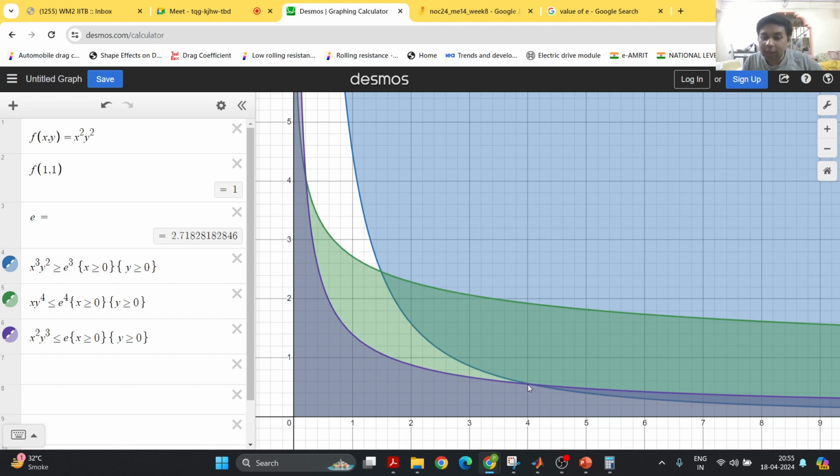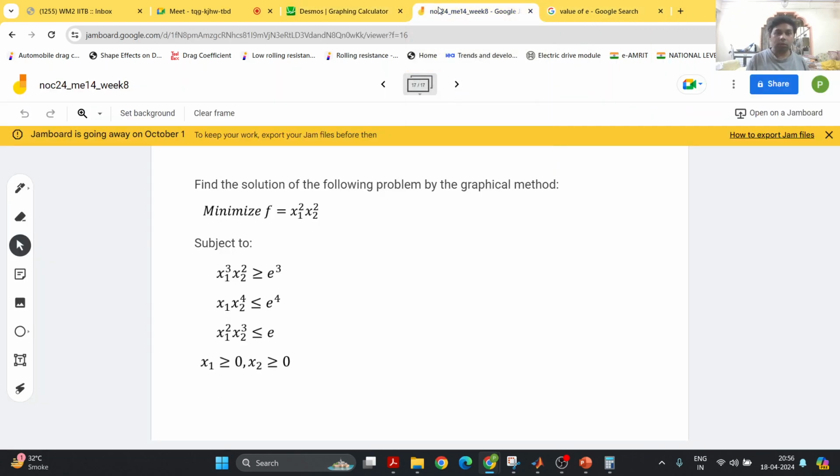But anyway, we can approximately say that it's around 4 comma 0.55 or something, and that will be the only corner point. Our problem was to minimize that.